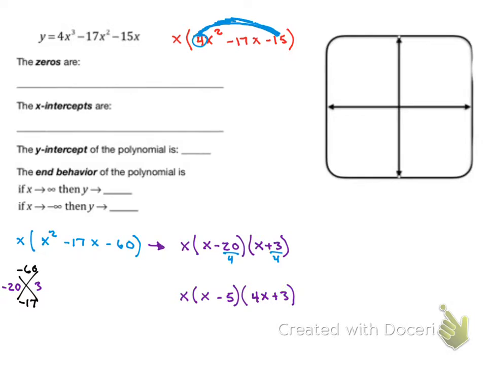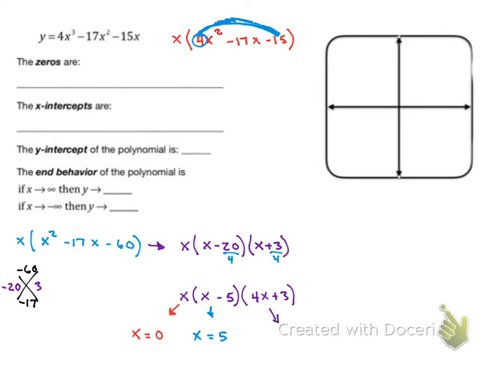Now we've got to find these zeros. For that x that's alone on the outside, it's just going to end up being x equals 0. There's no multiplicity there because there's no exponent. Now for this one here, we set x minus 5 equal to 0, add 5 to both sides, and we get x equals positive 5.